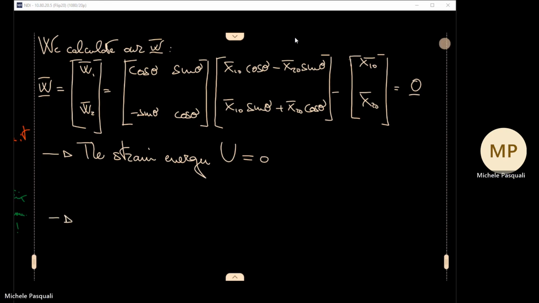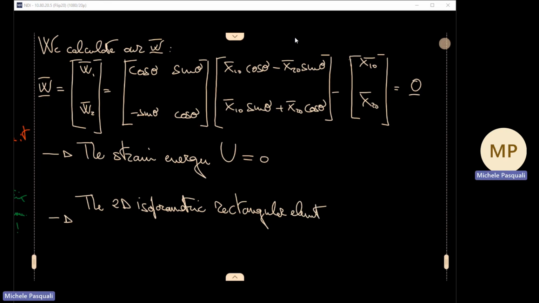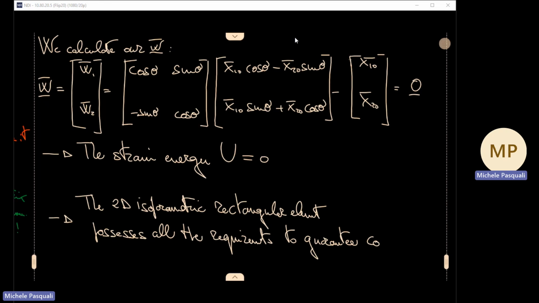So we say that the 2D isoparametric rectangular element possesses all the requirements to converge or to guarantee convergence. Okay, so it's okay to use them within this formulation.